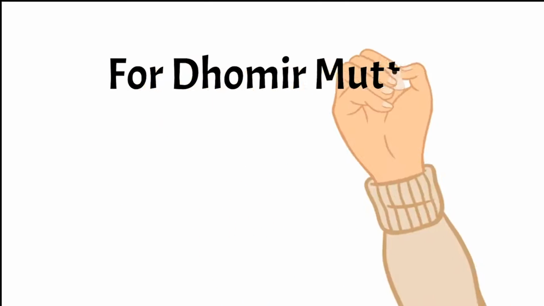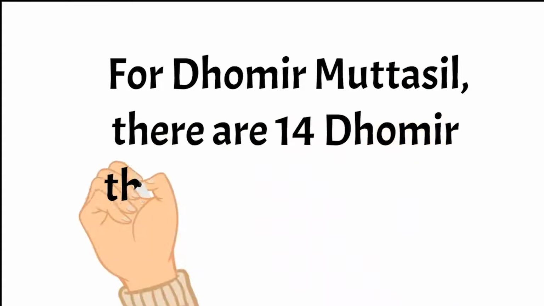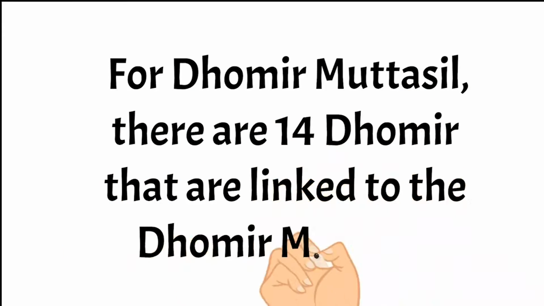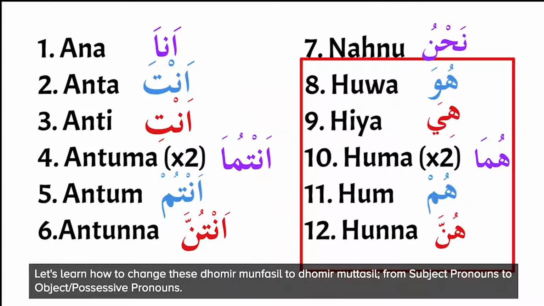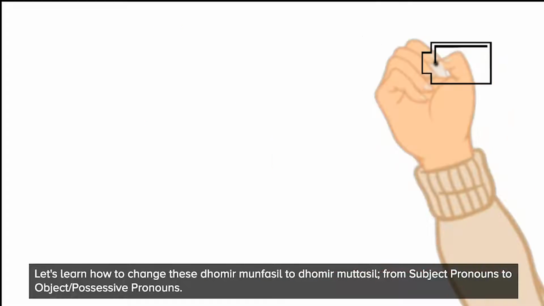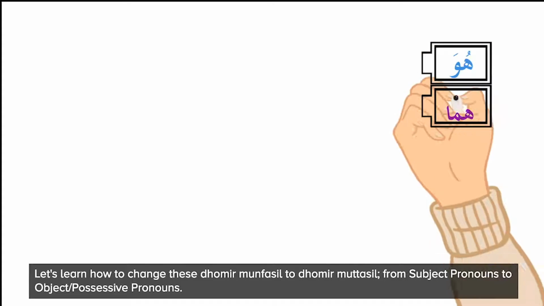For Dhomir Muttasil, there are 14 Dhomir that are linked to the Dhomir Munfasil. Let's learn how to change these Dhomir Munfasil to Dhomir Muttasil, from subject pronouns to object and possessive pronouns.